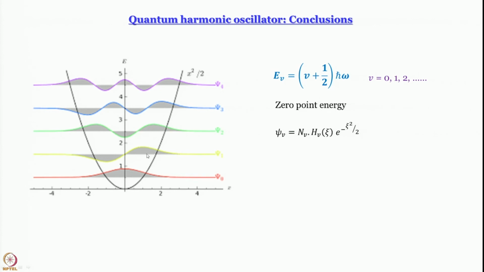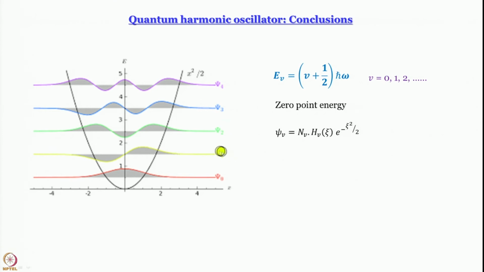Please remember, a node is a point or later on a plane or surface where the wave function changes sign. It goes through 0, but it has to change sign. For example, at x equal to infinity or xi equal to infinity, there also the wave function is equal to 0, but that is not a nodal point because the wave function becomes 0 asymptotically, it does not change sign.